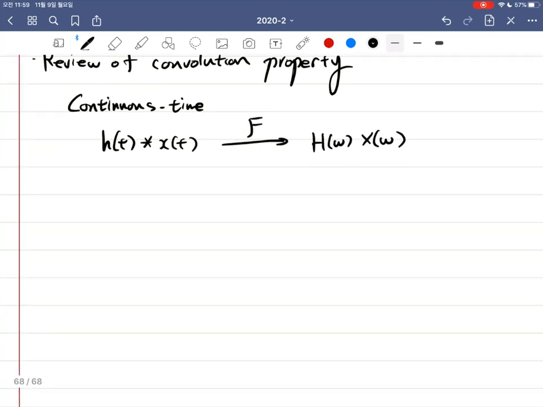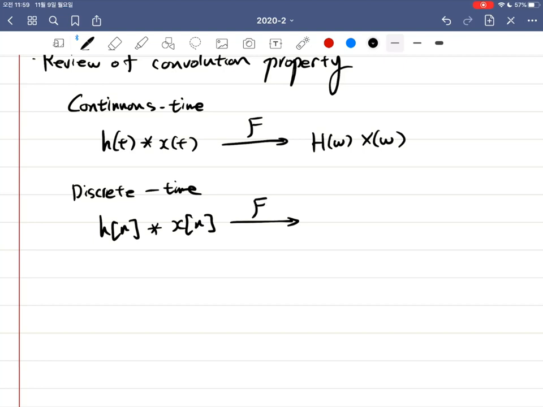This was a very good example, and you will have exactly the same effect with discrete time. The exact same property holds for the discrete time case.